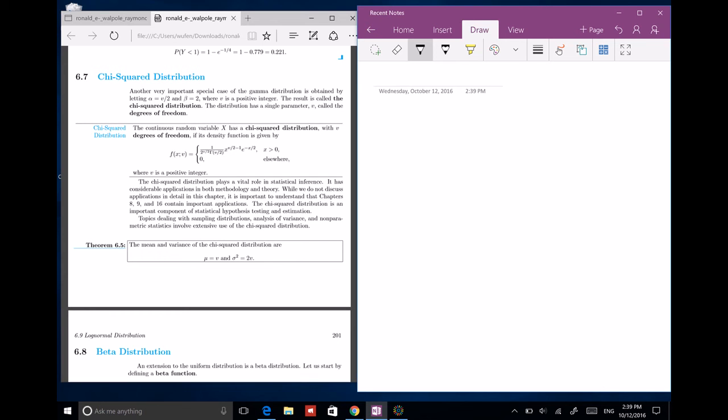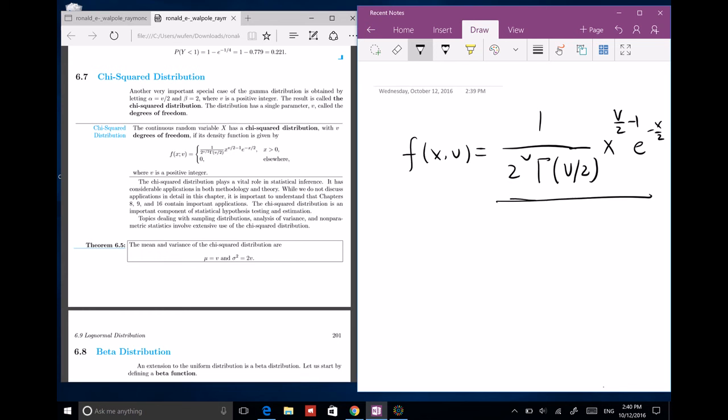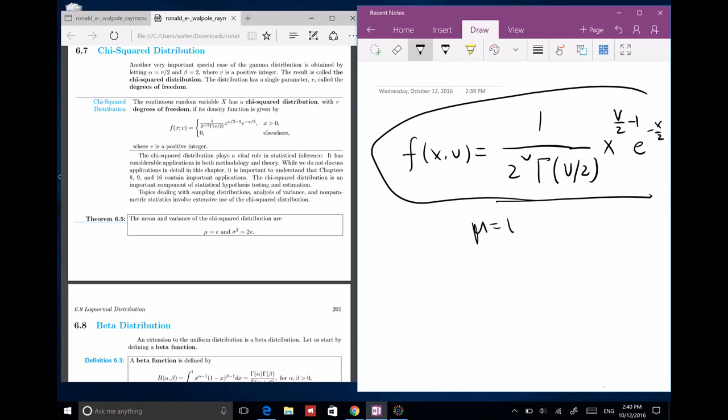You have the gamma function in the density again: 2 to the power v over 2, gamma of v over 2, x to the v over 2 minus 1, e to the negative x over 2. The chi-square distribution has mean equal to v, the degrees of freedom, and sigma squared equals 2v.